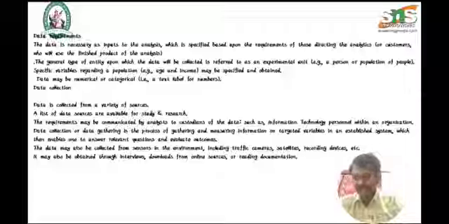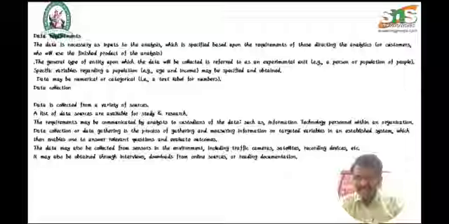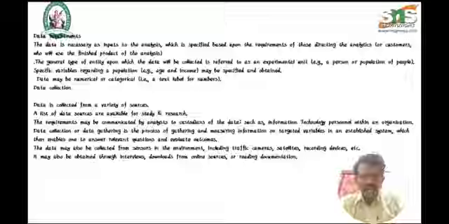The requirement may be communicated by analysts to the custodians of the data, such as information technology personnel within an organization. Next, data collection, or data gathering, is the process of gathering and measuring information on targeted variables in an established system.